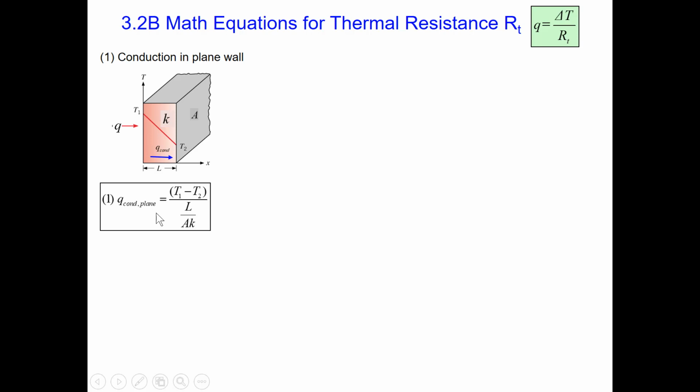Then we compare equation 1 with the definition of heat rate. This is the heat rate, this is the temperature difference, and this is the RT, the thermal resistance for a plane wall.